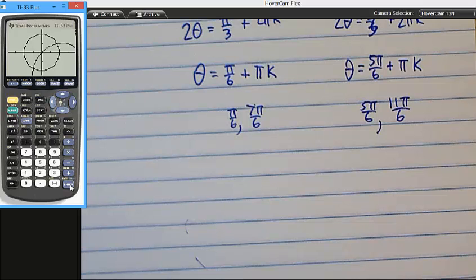So if you want to know why we didn't see this solution, it's because what's the radius right there? Negative 2. Okay? And there, and there, and there. In other words, we're not going to find any of these solutions by letting r equal 2.